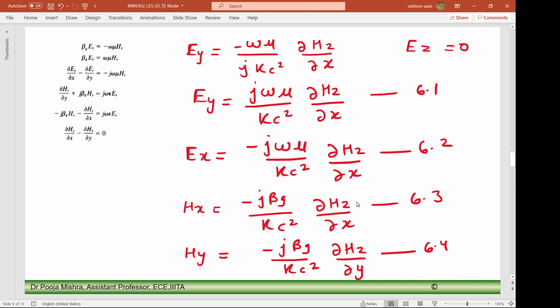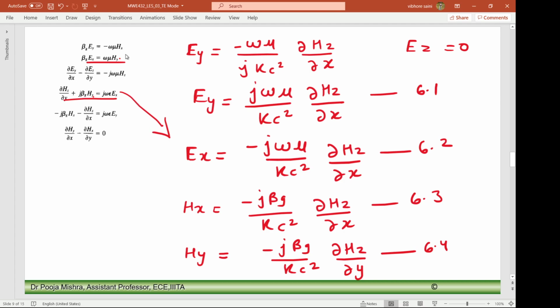So how do we get these equations? For Ex, we'll go through this particular equation. We will put the value of Hy from here to here in this particular equation, and we'll get the equations in terms of Ex and Hz only. This will give you this particular solution similar to Ey. How will you get Hx?